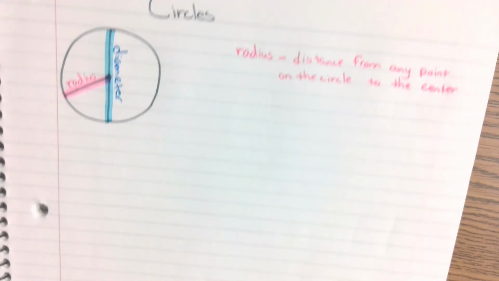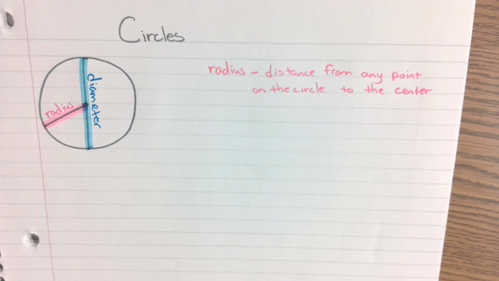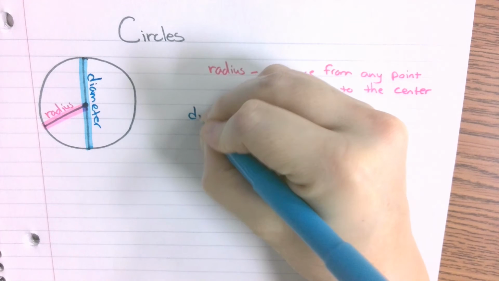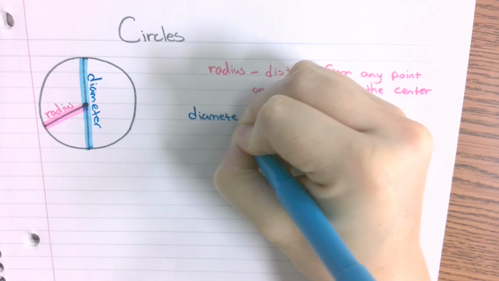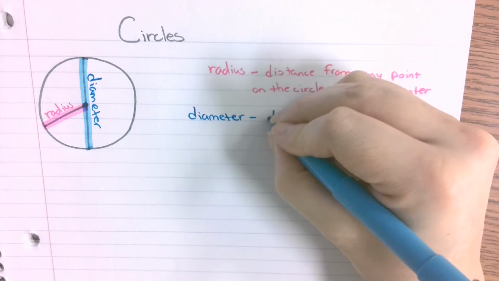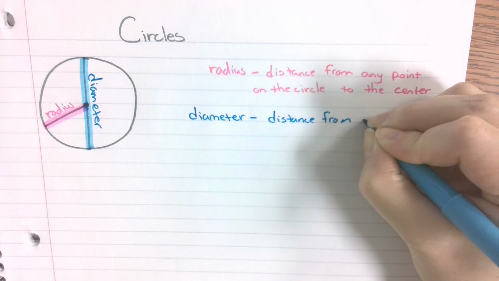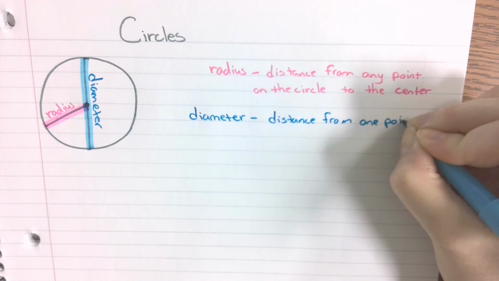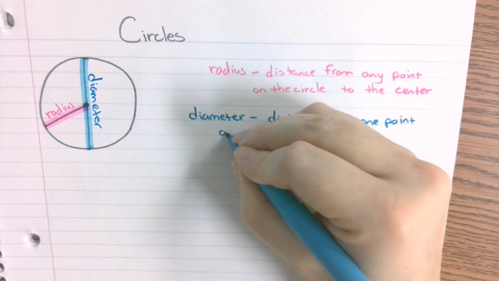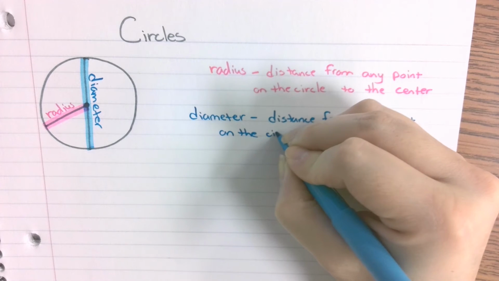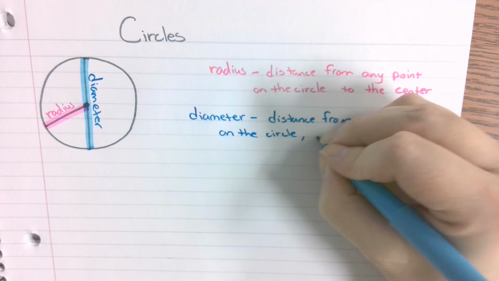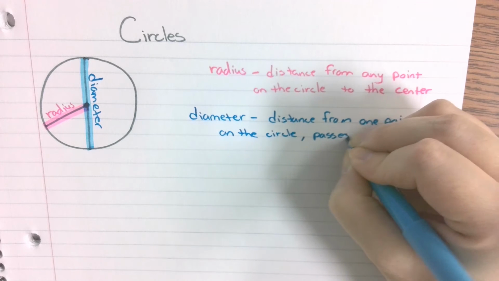So I'm going to turn this real quick. Some people accidentally mispronounce it sometimes. It's diameter. So the diameter is the distance from one point on the circle and then it passes through the center.